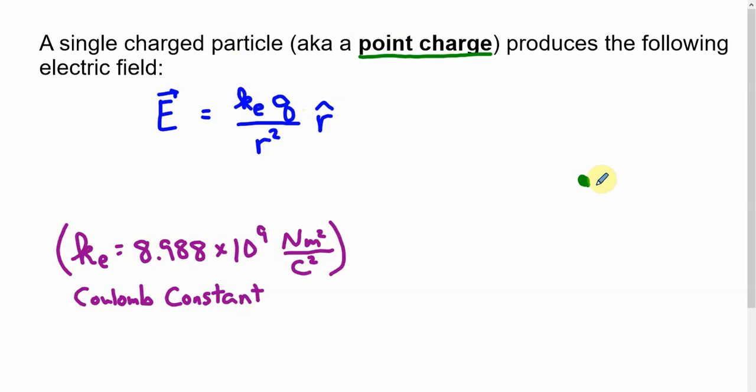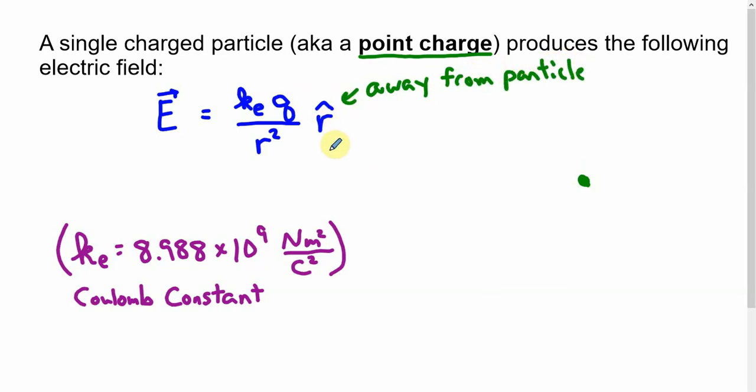That's the distance away from the object. And this r hat means, and I think we used this when we were talking about gravity, it's completely analogous to gravity. This just means away from the particle.